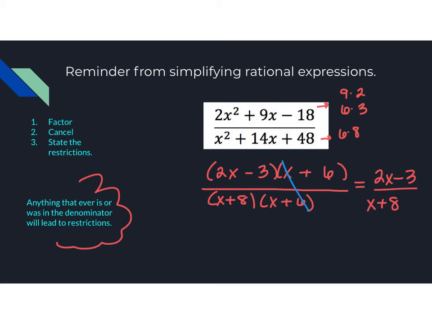What we said is that anything ever is or was in the denominator leads to a restriction. So when I look at these two factors in the denominator, my two values that would have to be removed are -8 and -6. Even though this factor of x plus 6 is removed, the restrictions still apply to the whole function. Okay, so we factor, cancel, state our restrictions.